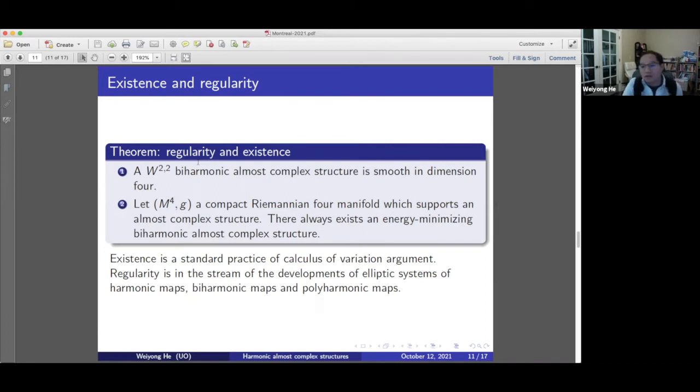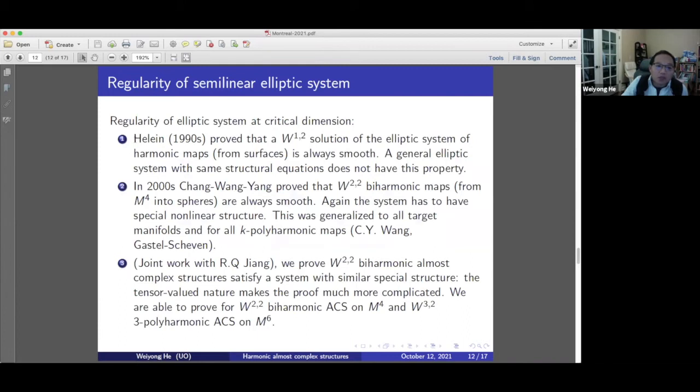So I will go through this regularity theory a little bit, for people who are not familiar with the theory of harmonic maps. So the starting point is Hélein's very nice result in the 1990s, proving that the W12 solution of the elliptic system of harmonic maps from a surface, which is a critical dimension, is always smooth. So this is basically saying that he did not need any additional assumption; just a weak solution will be smooth.